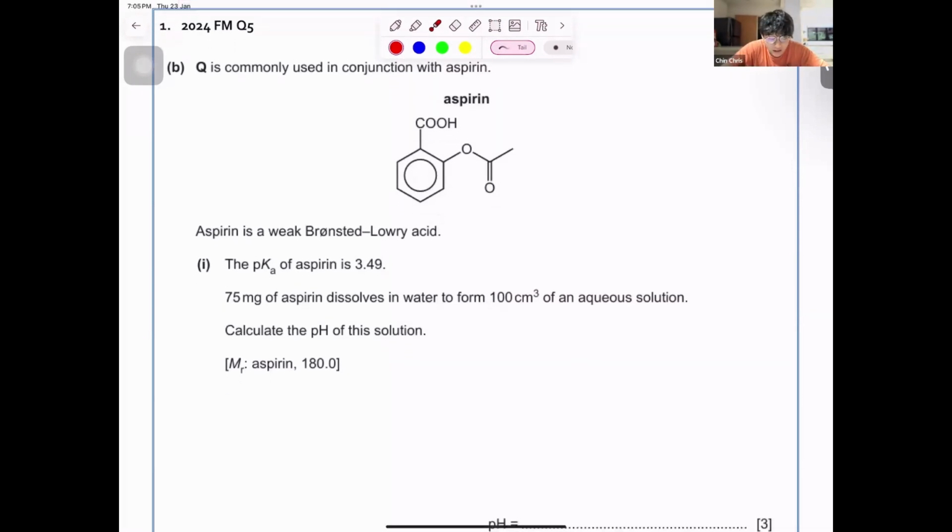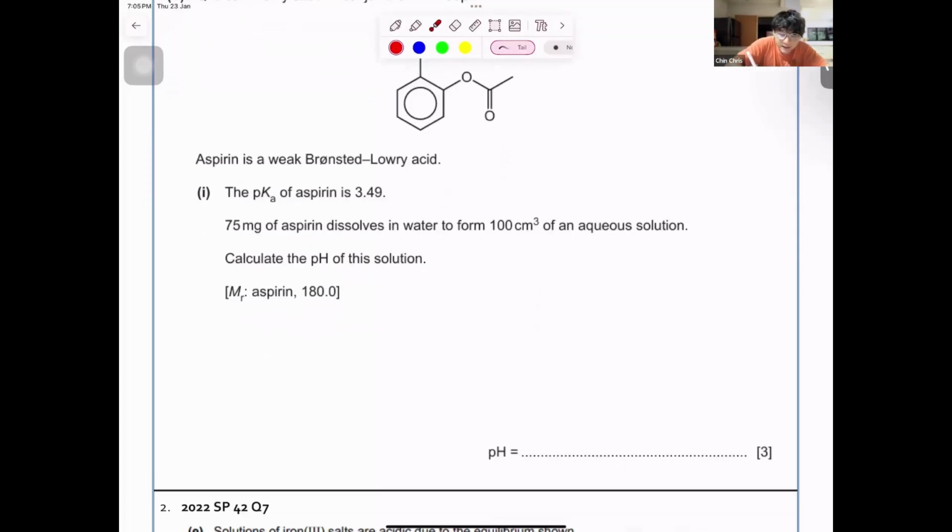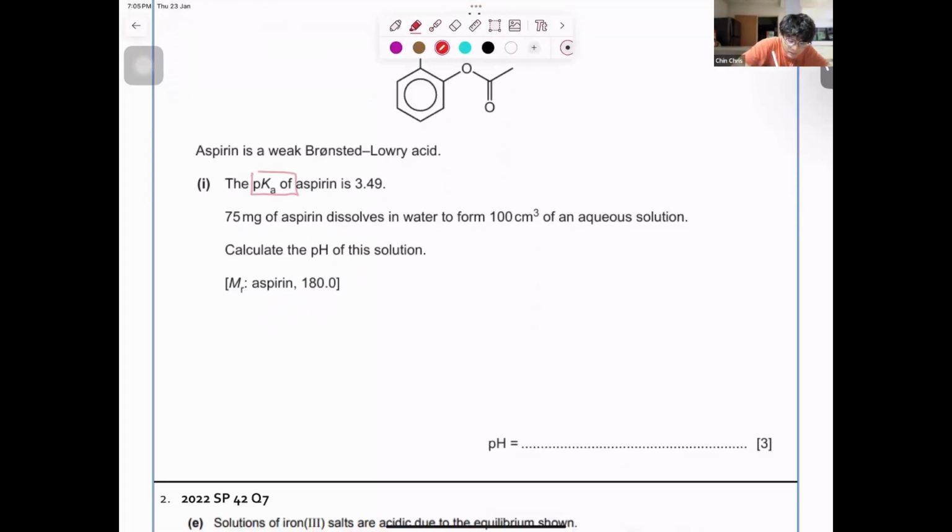Aspirin is a weak acid. And they say the pKa of aspirin is 3.49, and 75 milligram of aspirin is dissolved to form this amount of solution. Calculate the pH.